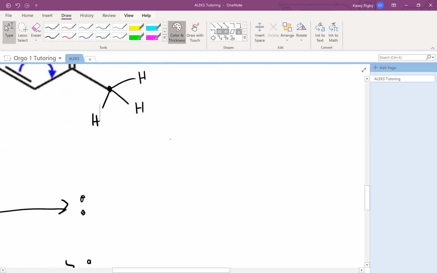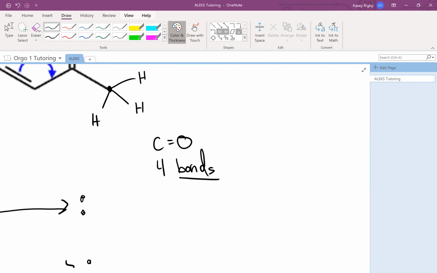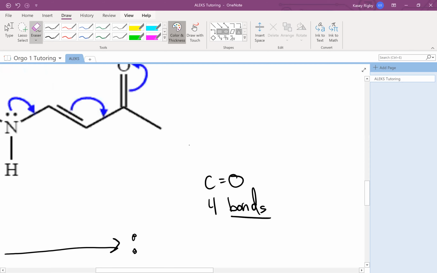For a carbon to have a formal charge of 0, it has to have 4 bonds, not 4 electron groups, 4 bonds, okay? And when we're drawing the skeletal structure, we assume that if we have a formal charge of 0 or whatever, the rest is filled in with hidden hydrogens, okay? So here we have a carbon with 4 bonds. That means it's going to be sp3.